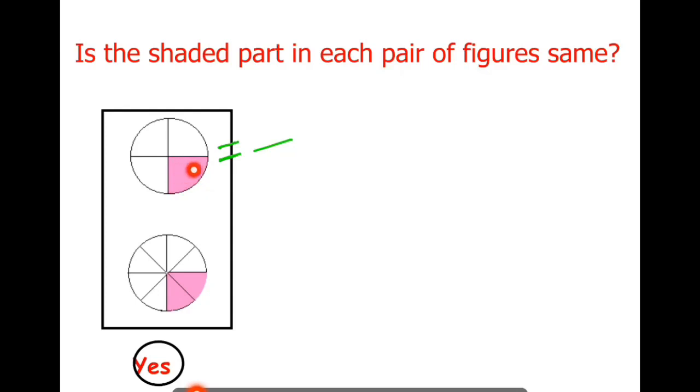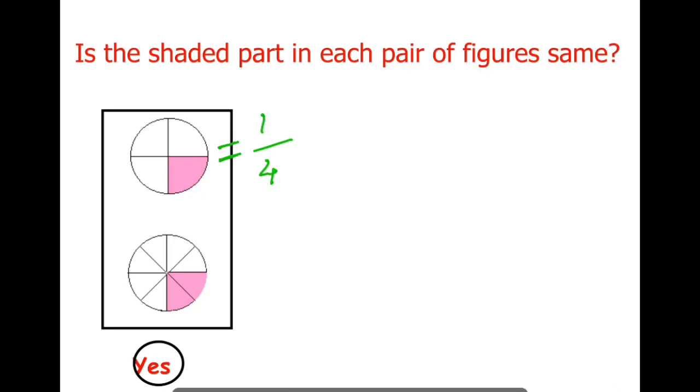So here the number of parts shaded is 1, and the total number of equal parts is written in the denominator. So what's the denominator over here? 1, 2, 3, 4. The denominator is 4, and the numerator is 1. So let's write it down: numerator is 1 and denominator is 4.